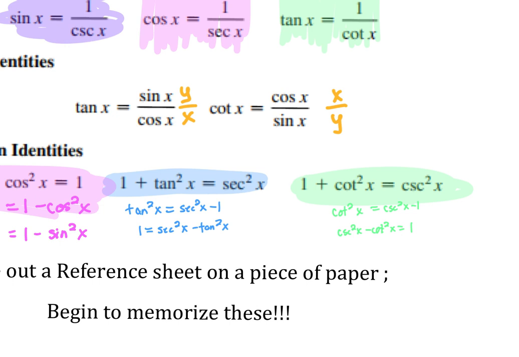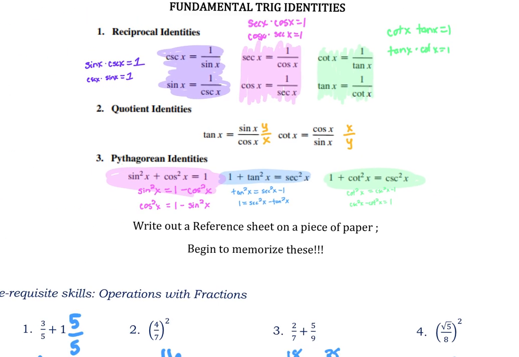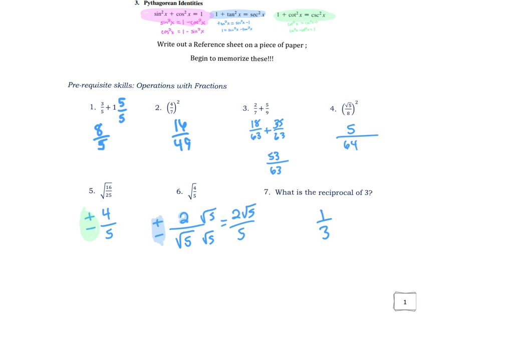Okay? All right, there are a few different ways that we are going to use these identities to work through some different types of problems. We're going to be using some of the math skills that we reviewed here besides our identities.